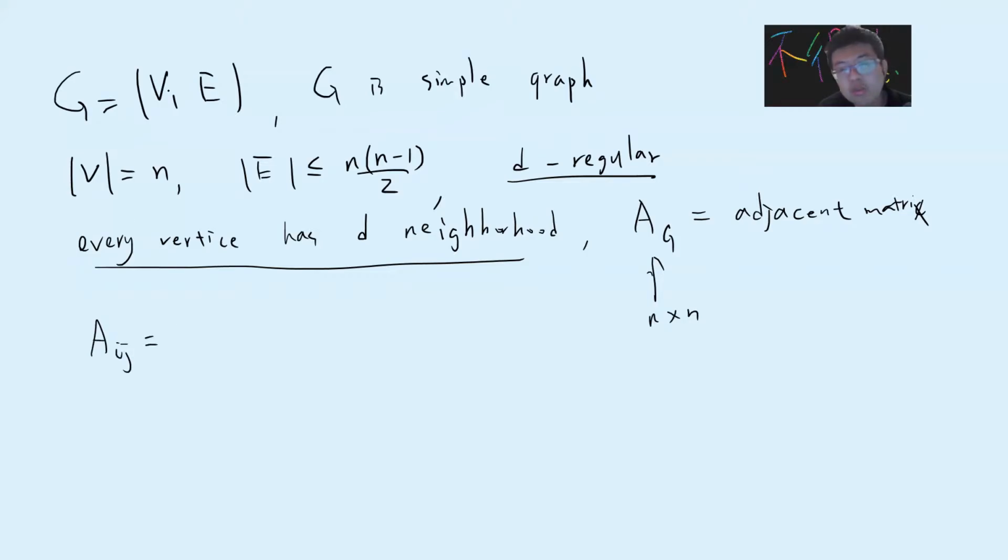Let's say we label our vertices v1, v2, up to vn, and A_ij will be 1 if (vi, vj) is in E, so basically if there's an edge, otherwise it's 0.